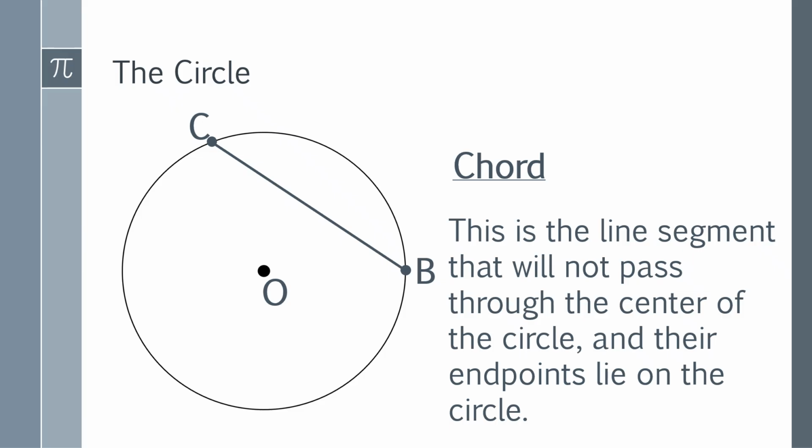So meaning to say, the difference between this one and the diameter is that the diameter is a line segment that is passing through the center. But the chord is the line segment that does not pass through.